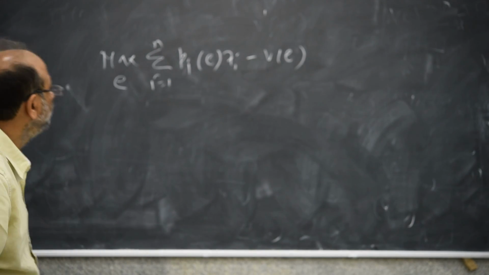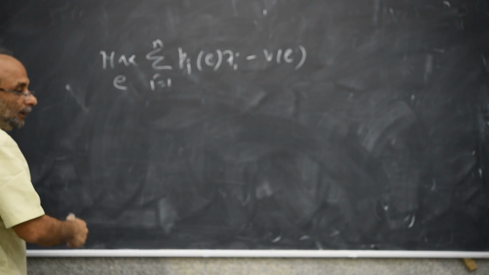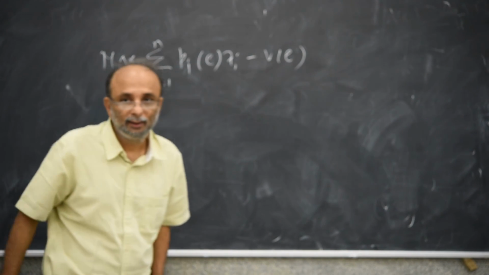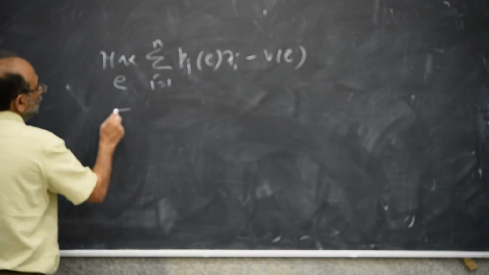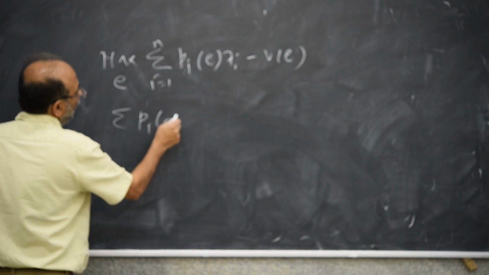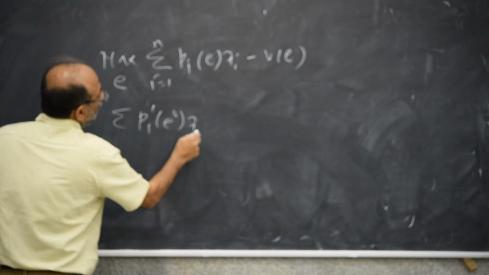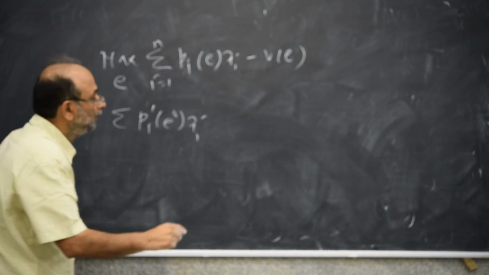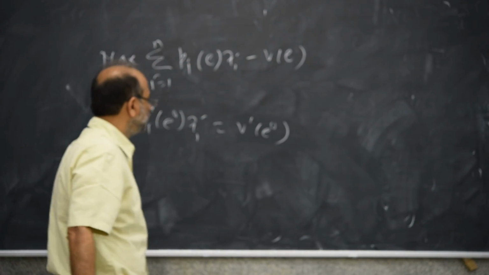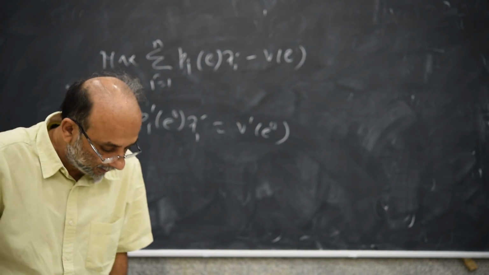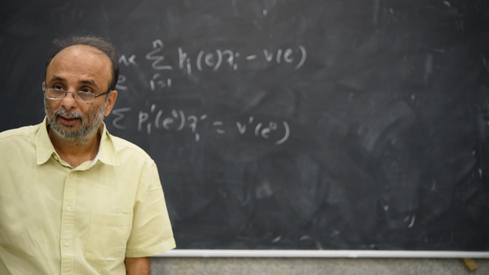What is the first order condition? Can you tell me what the first order condition would now be? High time you will be able to tell me. Summation Pi dash E0 xi is equal to V dash E0. Right? Okay?